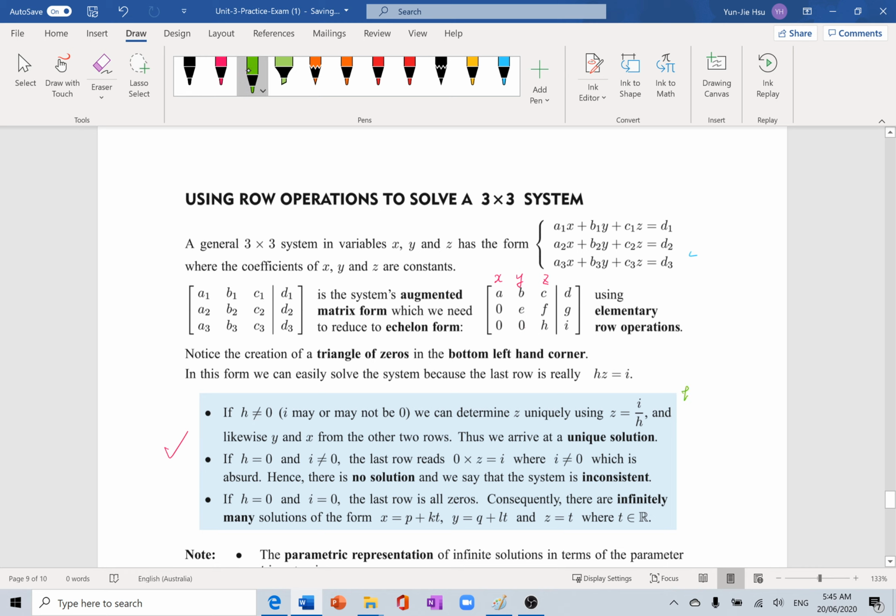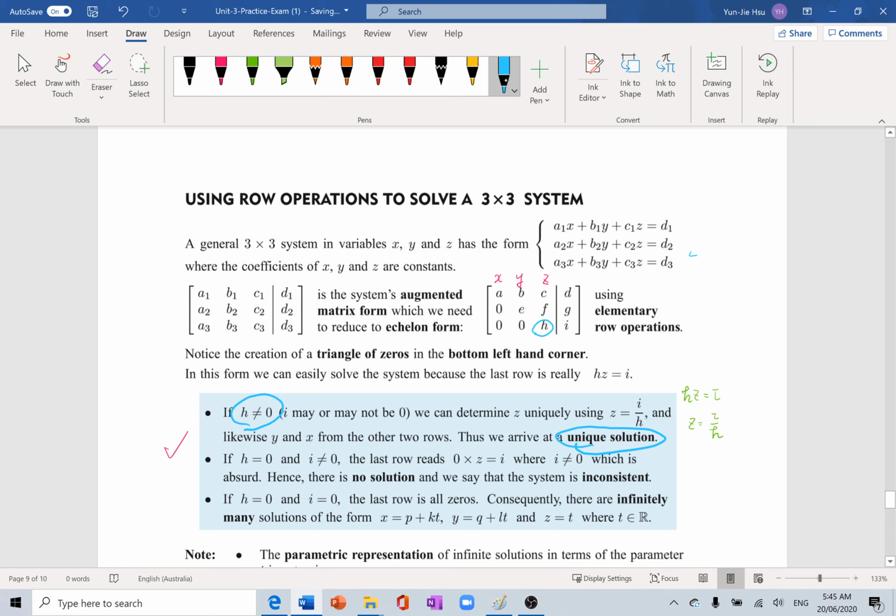It means hz equals I, so you get z equal to I over h, right? That means a unique solution. So if h is not 0, you have a unique solution, only one solution.